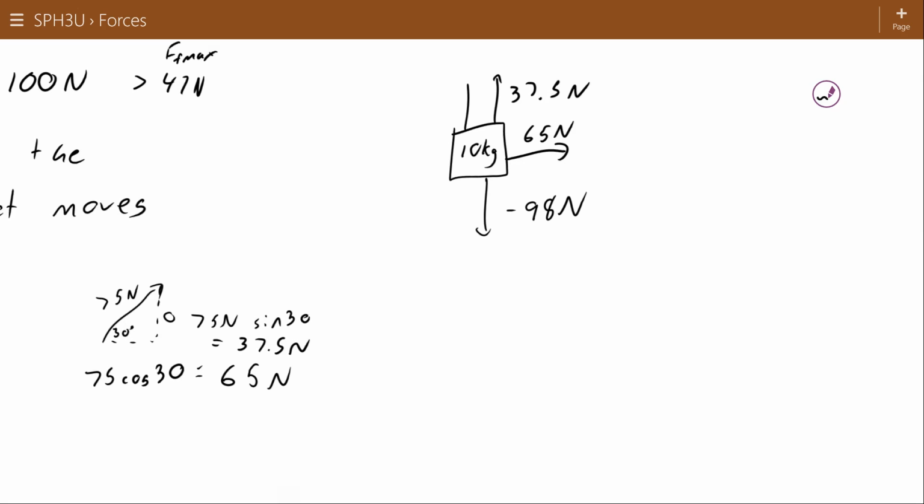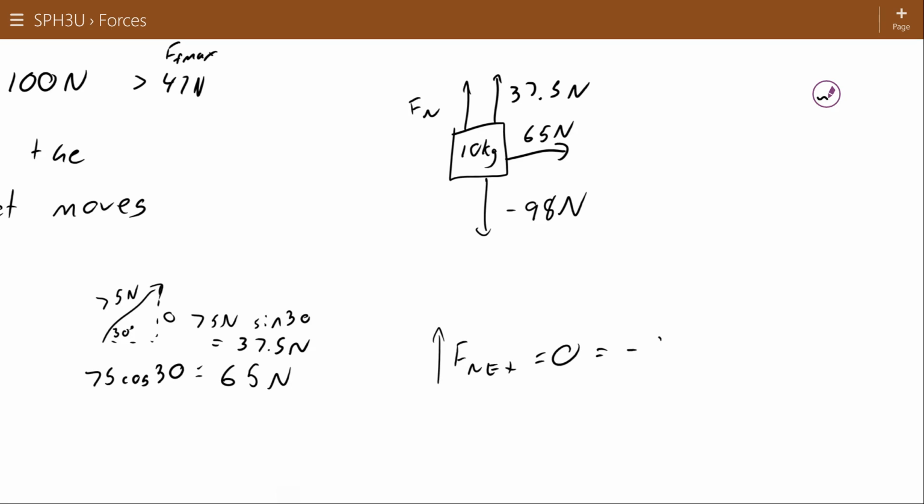Now the normal force, Fn, is the only force that's left to balance out this vertical part. So the gravity's pulling down with 98. The string or person or applied force, whatever it is, is lifting up a little bit by 37.5. How much is left for the normal force? Well, really what we're recognizing is that in the vertical direction, the net force is equal to 0.